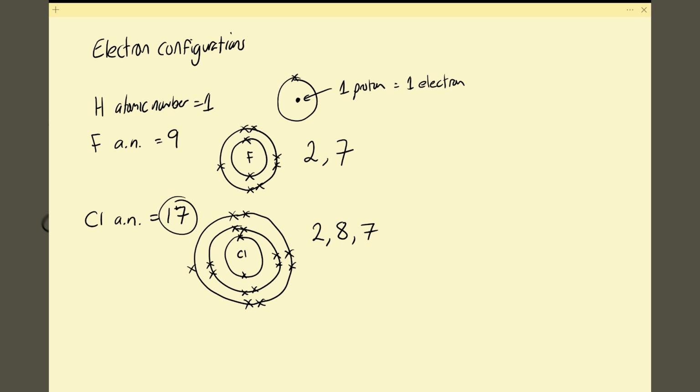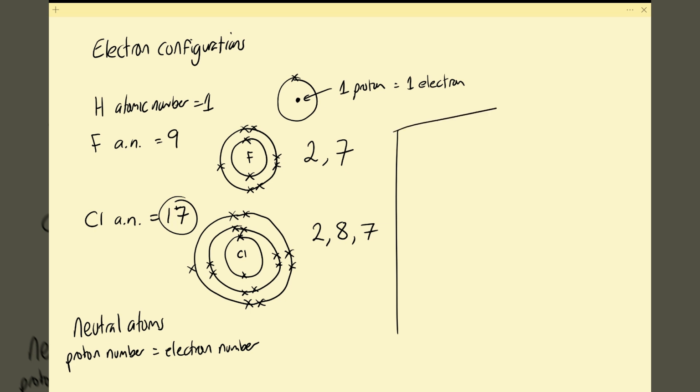These electron configurations are specifically for atoms. These are all what we call neutral atoms, where the proton number equals the electron number. Now, this is not always the case. The worksheet that you're going to be doing today is mostly going to be on what we call ions.